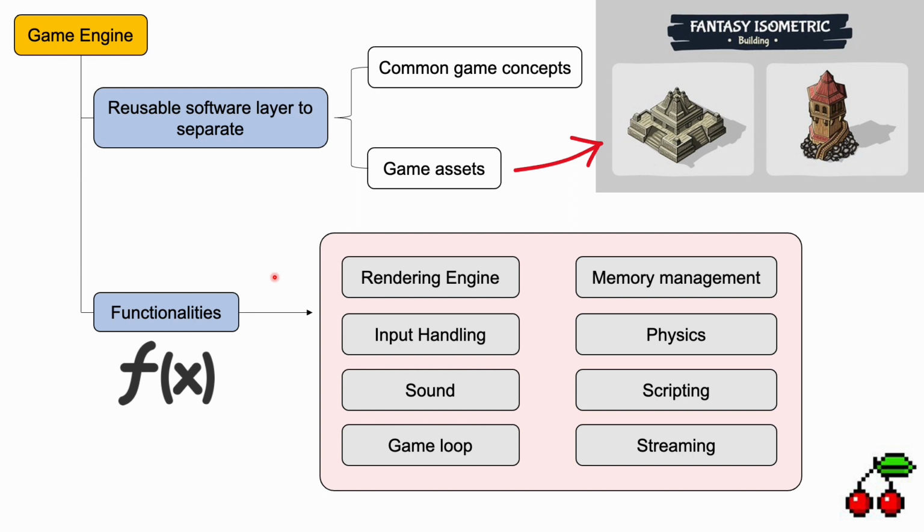It means 2D and 3D graphics, input handling, sound, game loops, memory management, physics engine, process threading, scripting, artificial intelligence, as for example the NPCs and things like that. And there are other things which are also important, which are not shown over here, but we have the localization support, streaming, and multi-platform publishing.